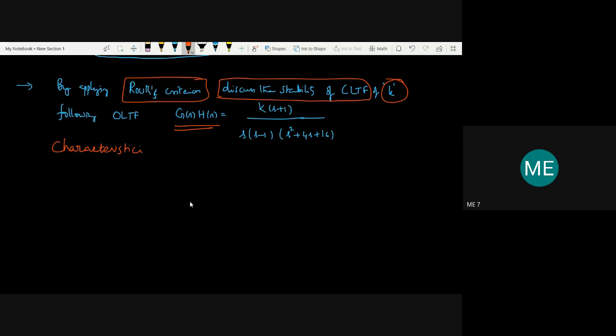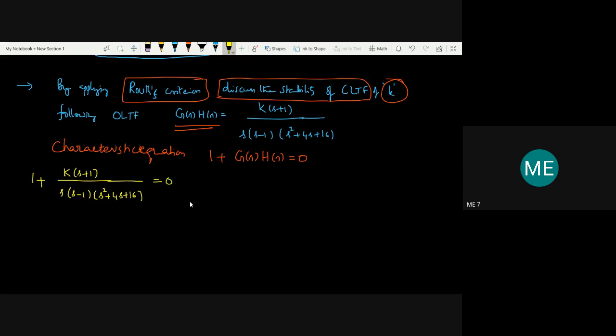The characteristic equation is 1 plus g of s into h of s equal to 0. That is, the denominator of the closed loop transfer function equated to 0 is called the characteristic equation. So 1 plus g of s into h of s equal to 0, that is 1 plus k into s plus 1 divided by s into s minus 1 into s square plus 4s plus 16 is equal to 0.